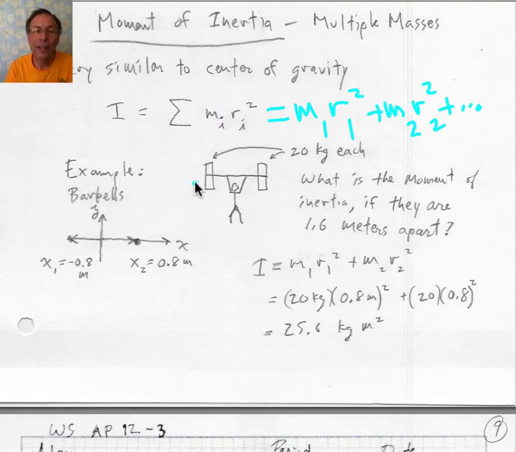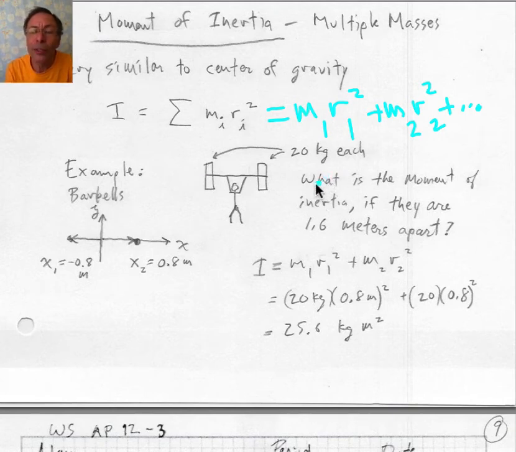Now, in this example, we've got 2 of them. I've got barbells, and we're going to ignore the mass of the stick that they're on. We're just going to consider the 2 masses at the end.